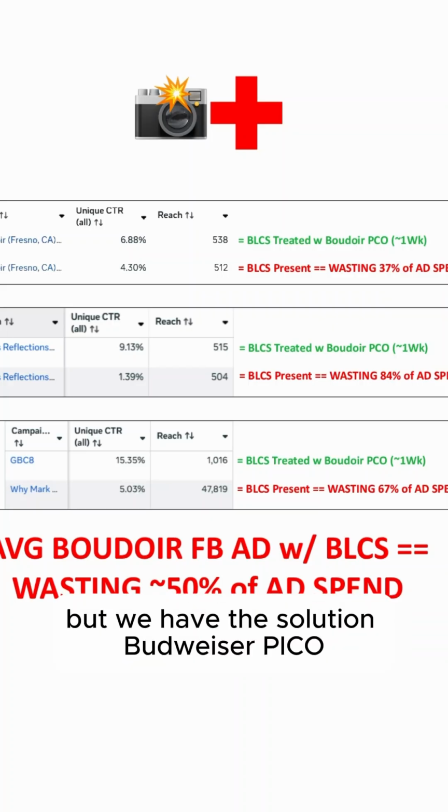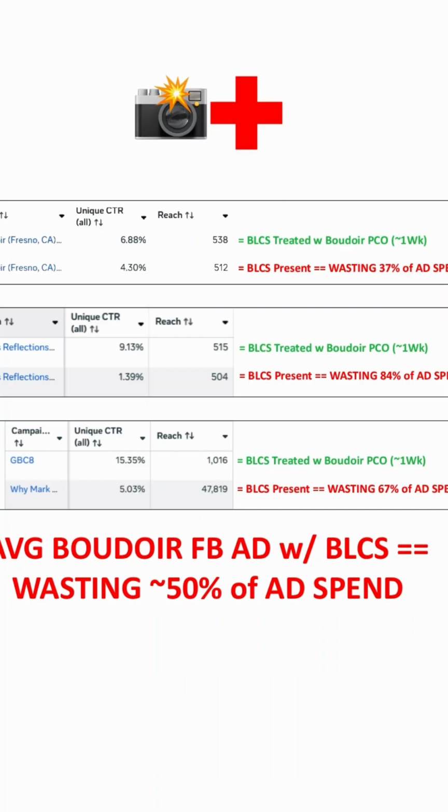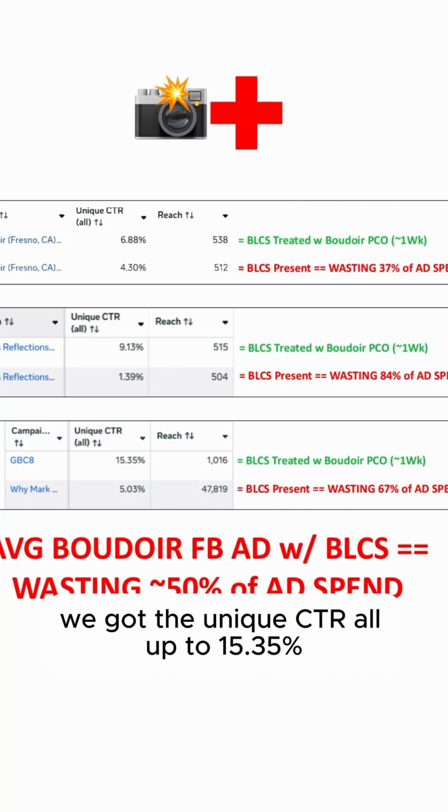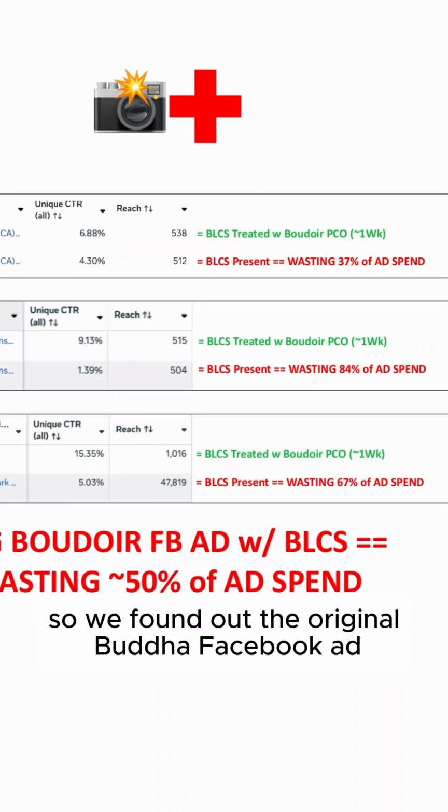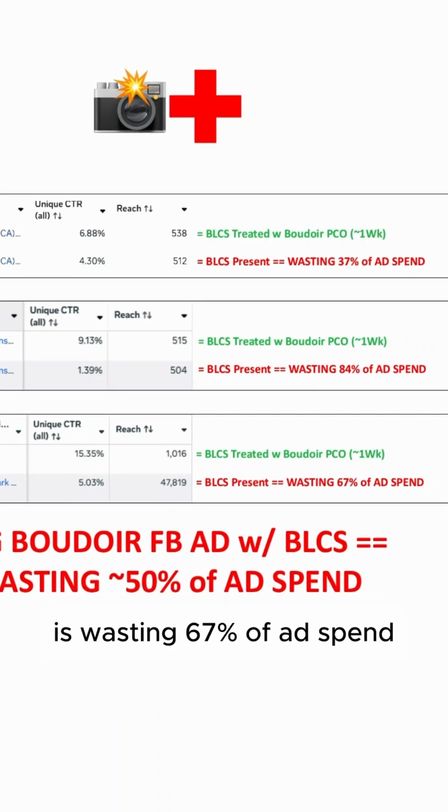But we have the solution, boudoir Pico, and we actually treated it with boudoir Pico. We got the unique CTR up to 15.35%. So we found out the original boudoir Facebook ad was wasting 67% of ad spend.